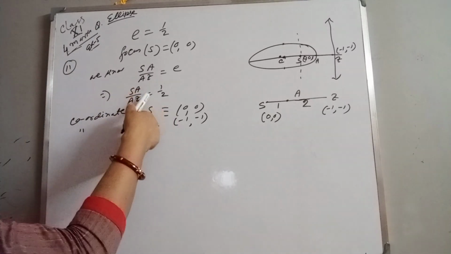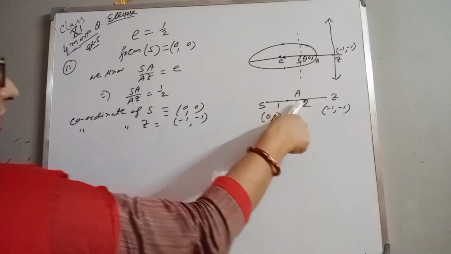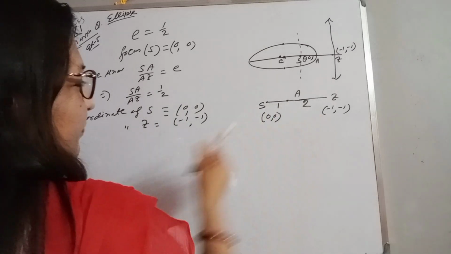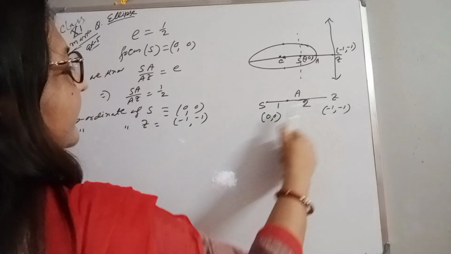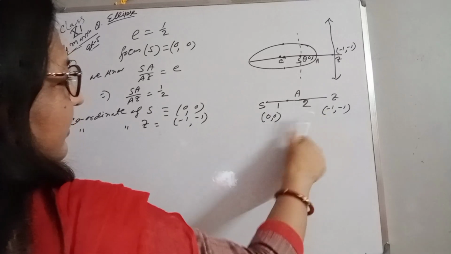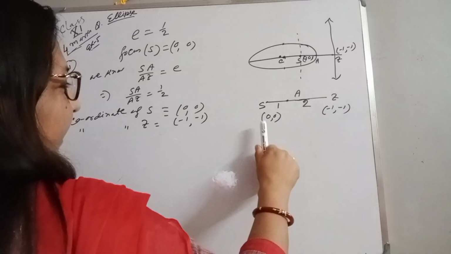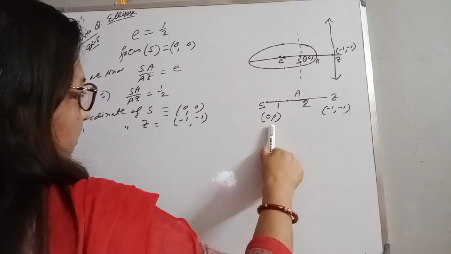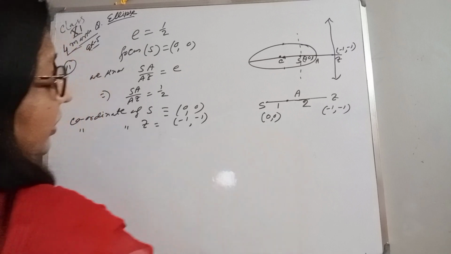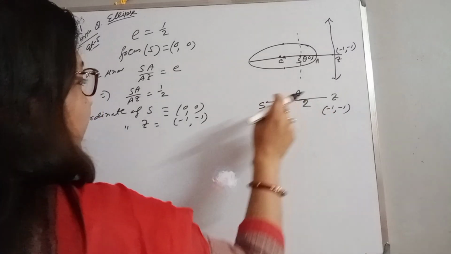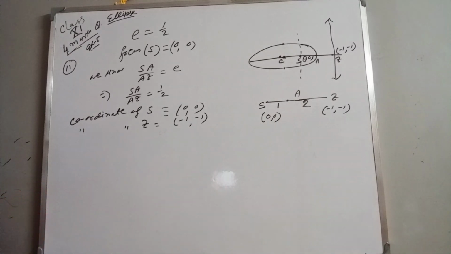Because SA by AZ equals 1 is to 2. So now we can write from that line segment property, we know A divides the line segment SZ in the ratio 1 is to 2. Z coordinate we know, so easily we can find the coordinate of A.